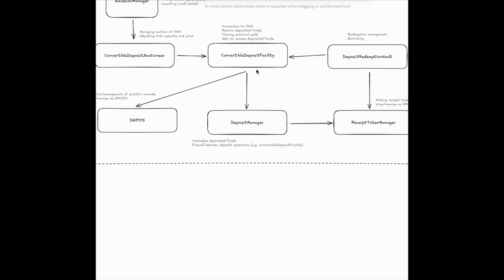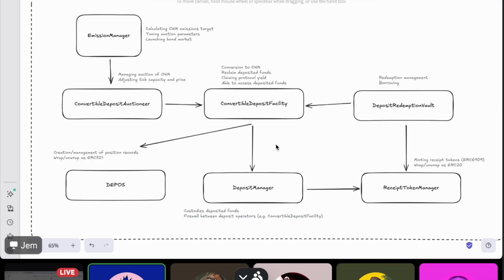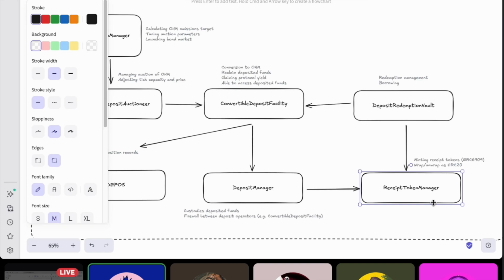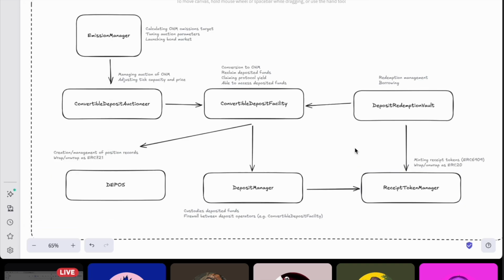And so what that means is that your deposits are safe. No one else can access them. No one else can borrow too much or withdraw too much, leaving your receipt tokens undercollateralized. We have a receipt token manager. This is minting your receipt tokens as ERC 6909s or as ERC20.